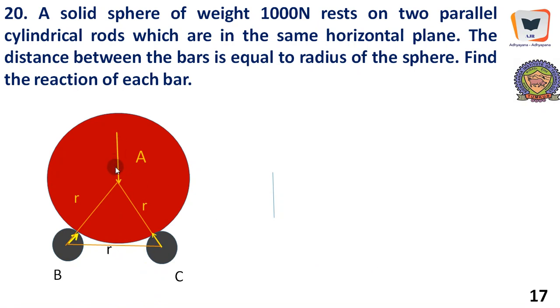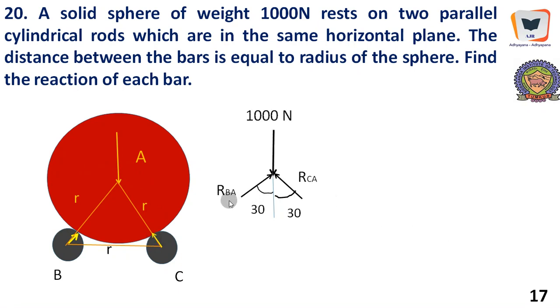And here is a weight acting, and this is the reaction shown by this sphere towards the big sphere, and this is also the reaction shown by this sphere towards the big sphere. Of course the symmetry tells us that this reaction should be equal to this reaction.